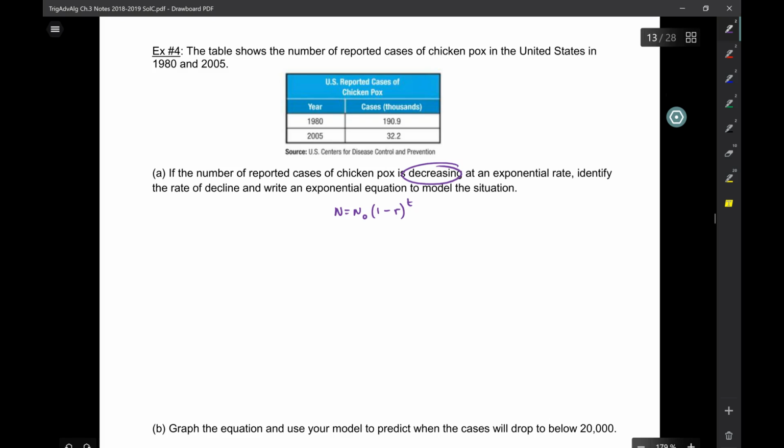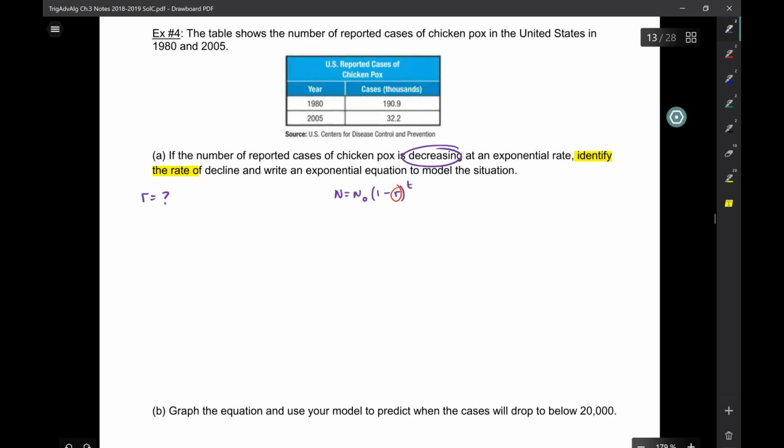Okay, now look at what this says. Identify the rate of decline and write an exponential equation to model the situation. So it says identify the rate. That means we have to find r. If we need r, then we should have all of the other pieces of information.